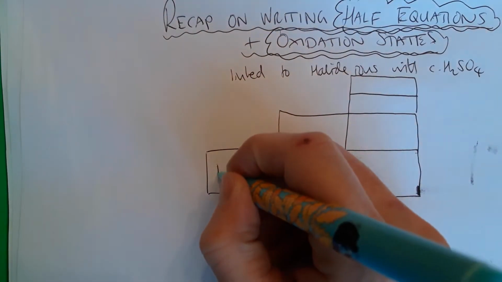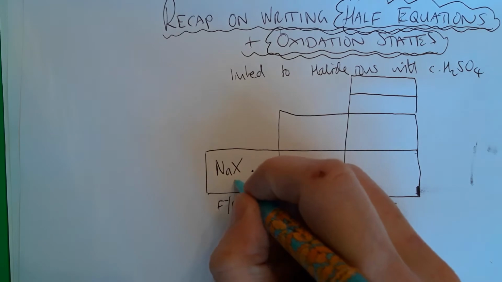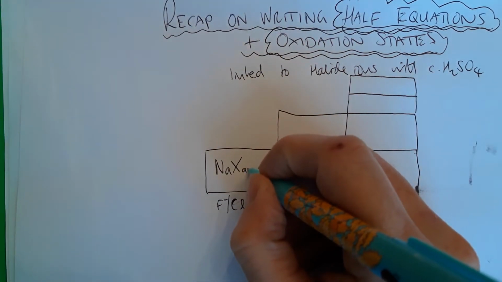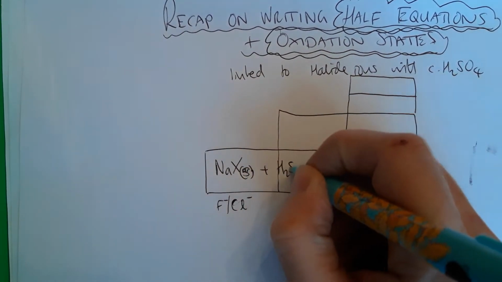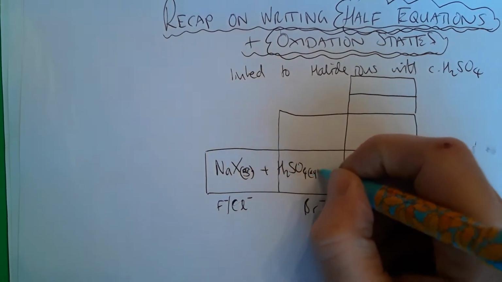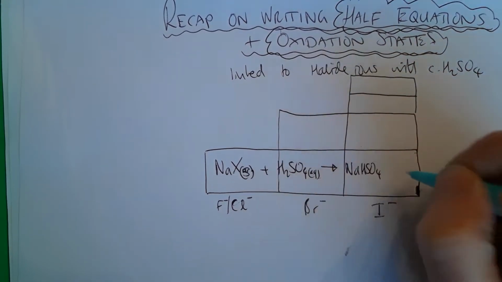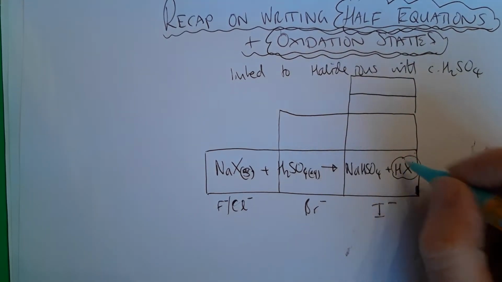So if you take the sodium halide, NaX, so that could be NaCl, NaI, NaBr, solid, not aqueous, and you react it with H2SO4, which is aqueous and concentrated, it turns into NaHSO4 plus HX and gives off misty fumes.